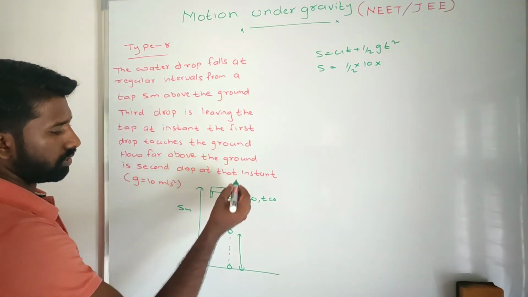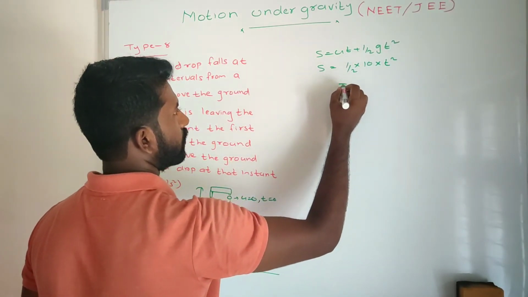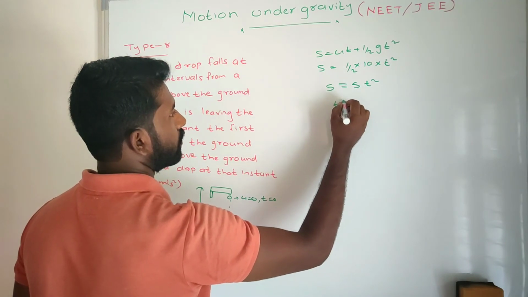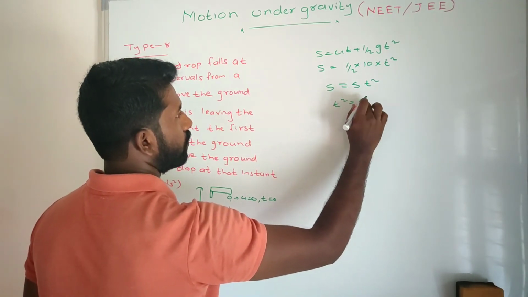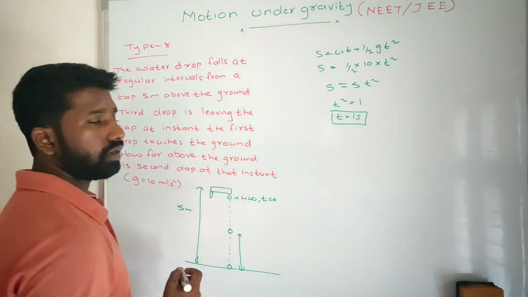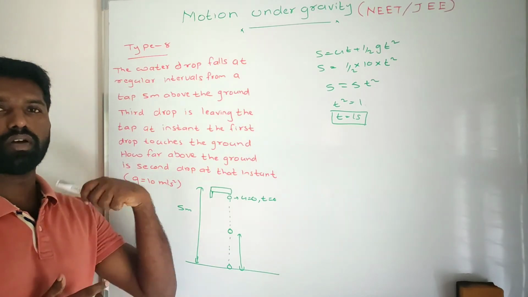What about t? We need to find it. So 5 is equal to 5 t square. 5 cancels. So t square is equal to 1. So t is equal to 1 second. So the third water droplet drops after 1 second.